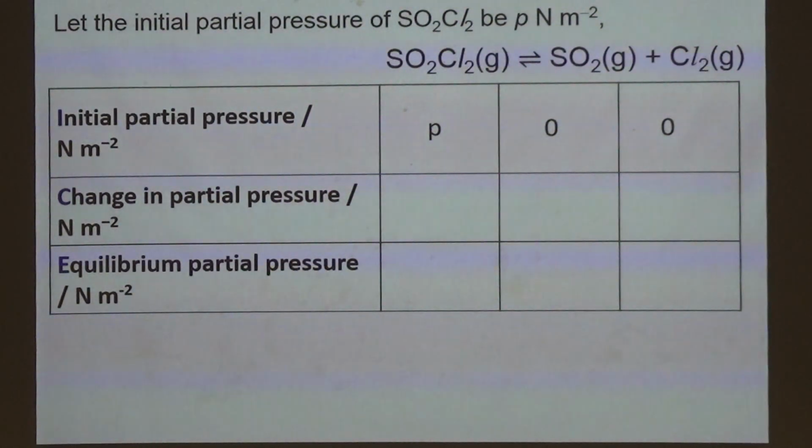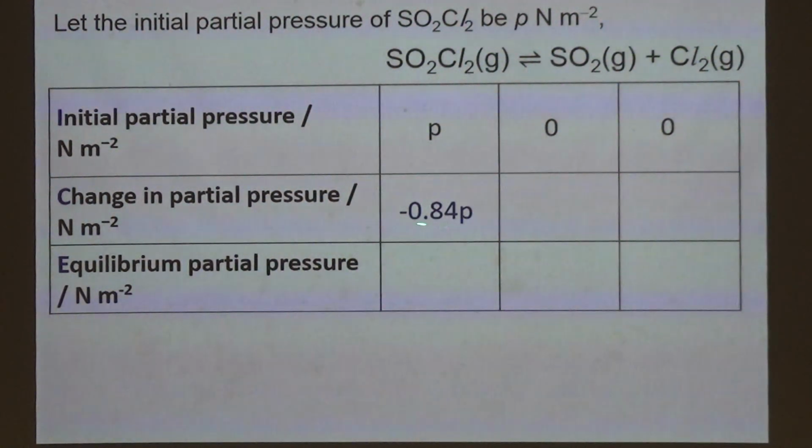Now how do we fill in the ICE table? We know that at equilibrium, 84% of SO2Cl2 has reacted.